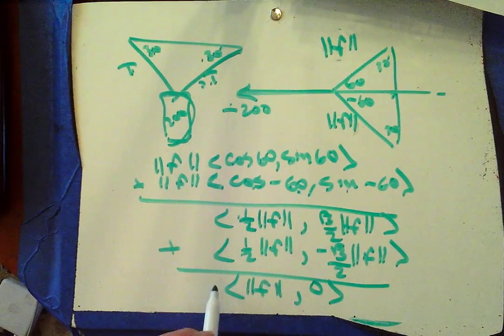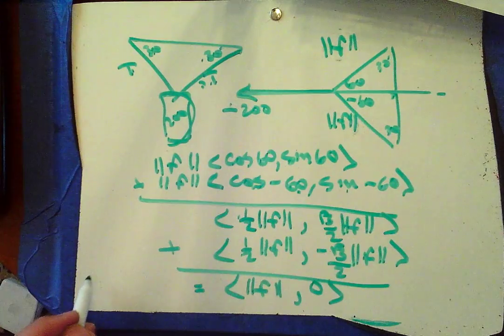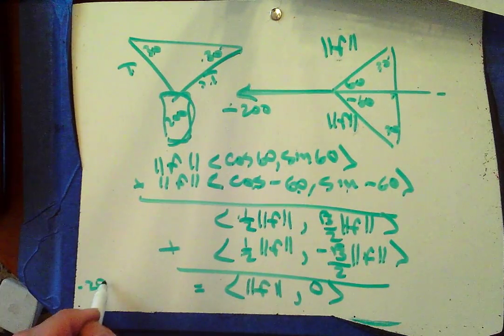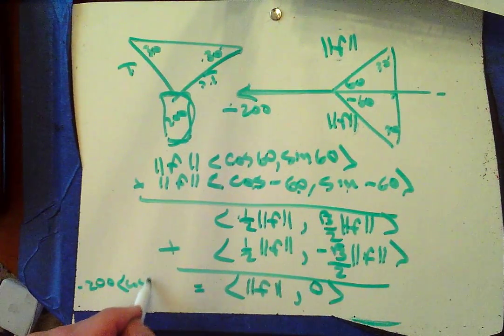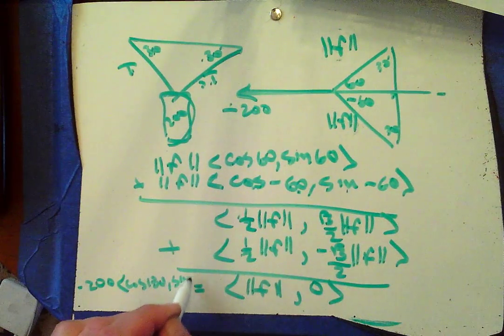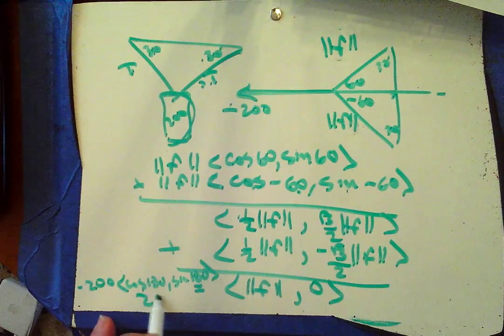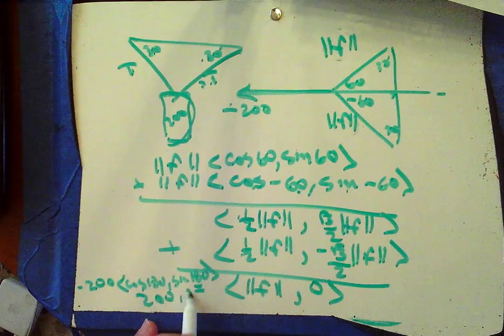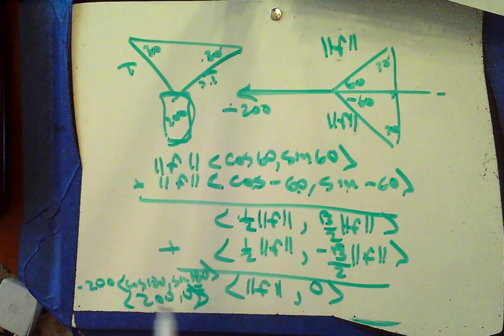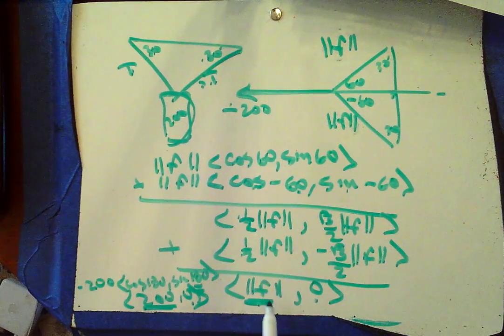And remember, this was equal to negative 200 cosine 180, sine 180. Well, that was negative 1 or 200. And this was 0. So the 0 and the 0, they're not doing anything. But look what I see. The magnitude of F is now 200.